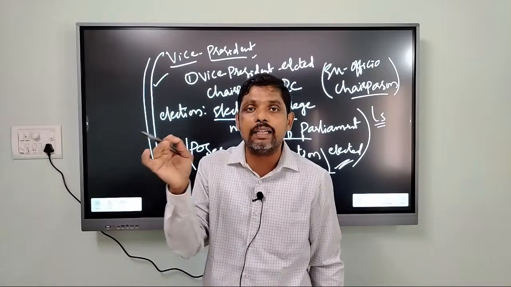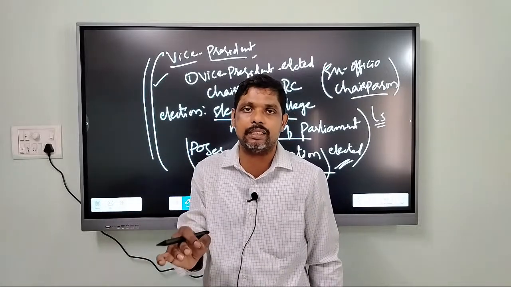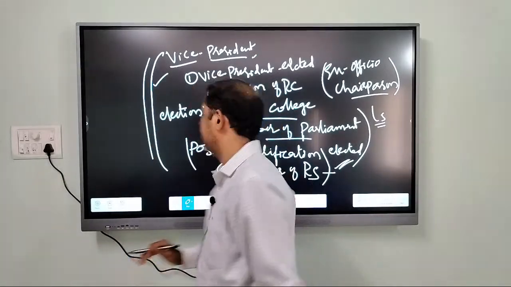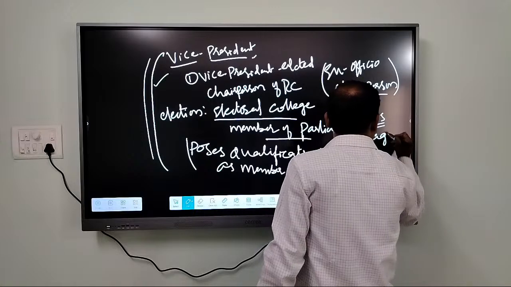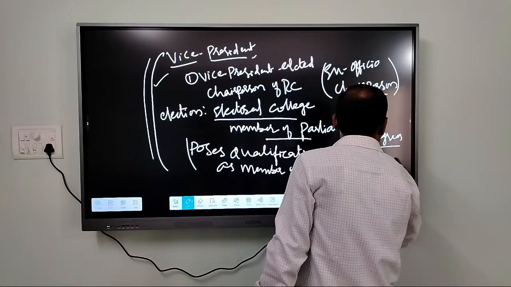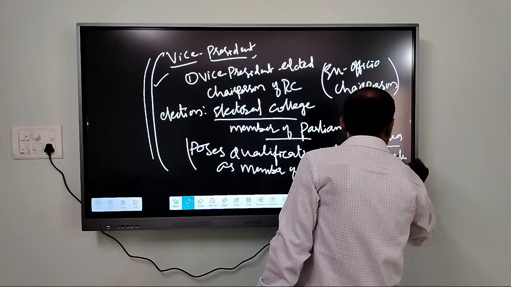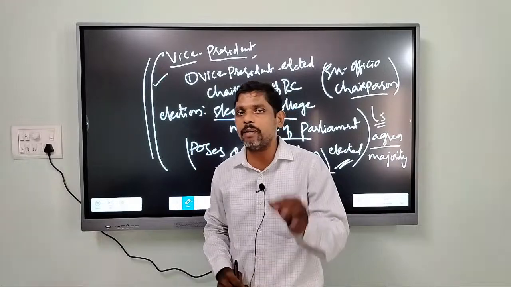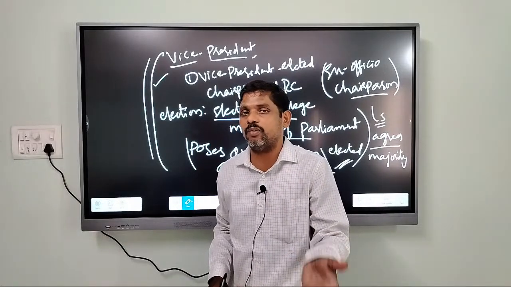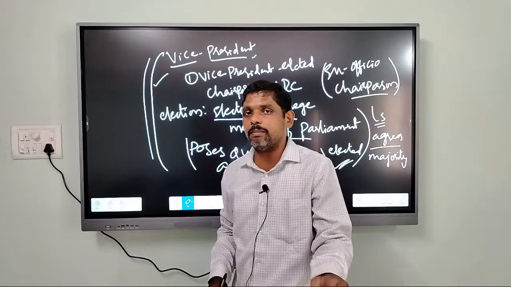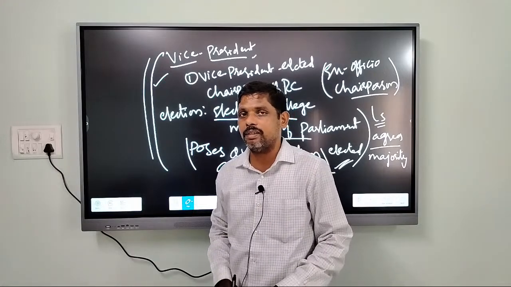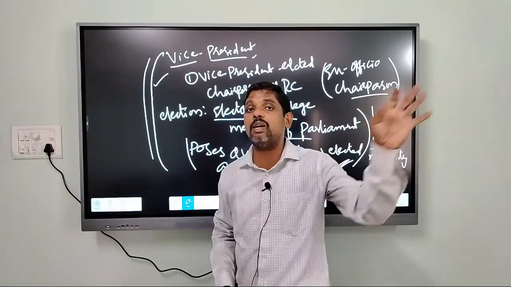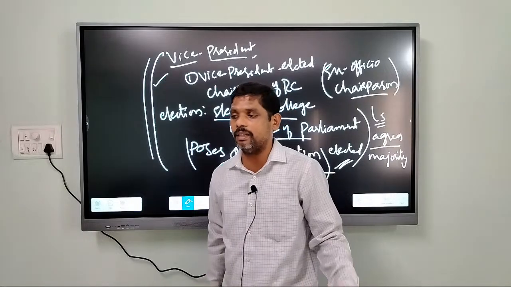If Lok Sabha agrees to the charges by passing the same resolution with the majority of the members present and voting. What do you mean by majority of the members? Should we treat it as special majority or simple majority? So we are saying that it is majority of the members present and voting in Lok Sabha. What does it mean?